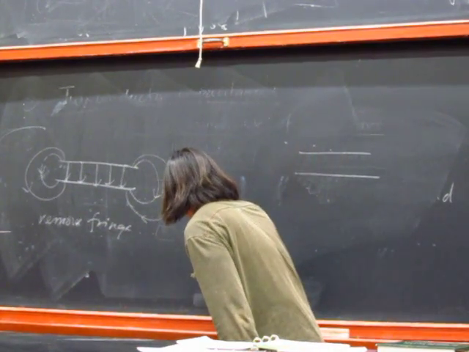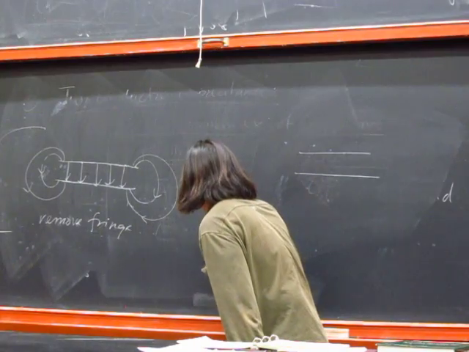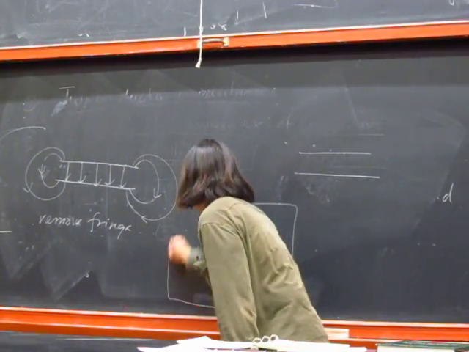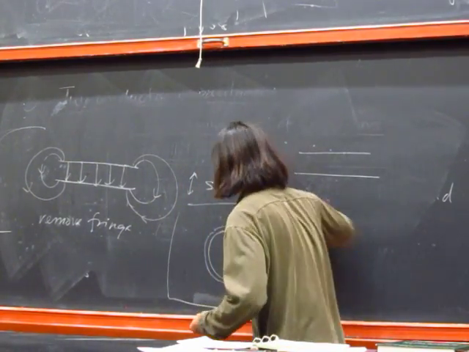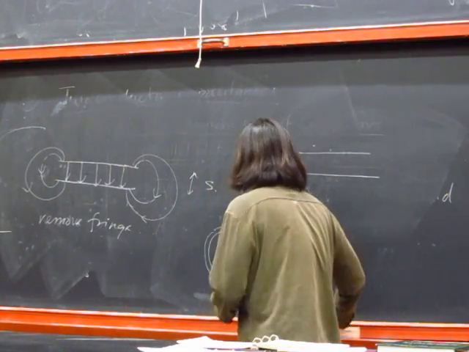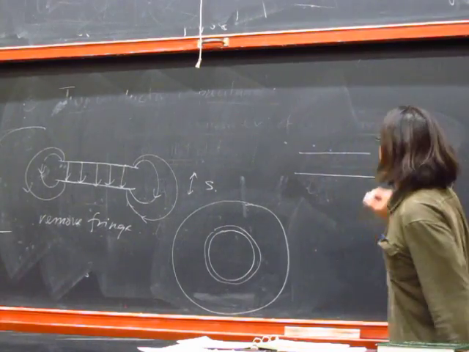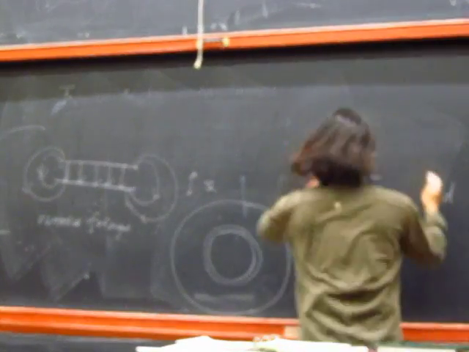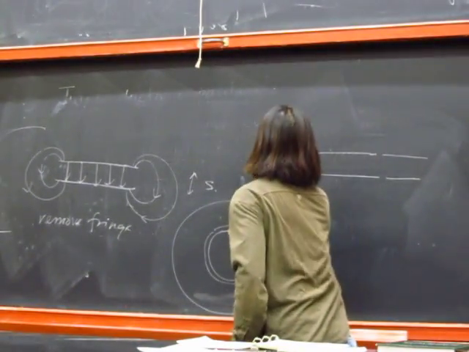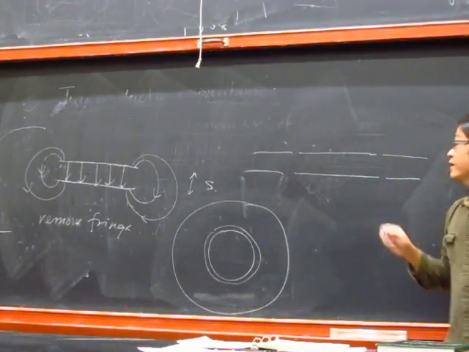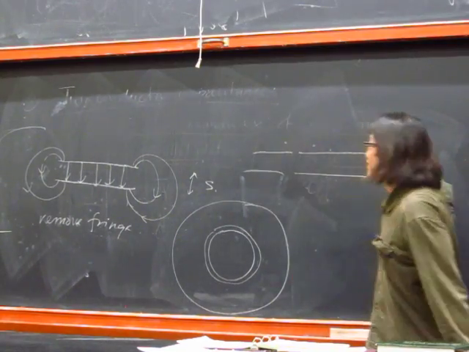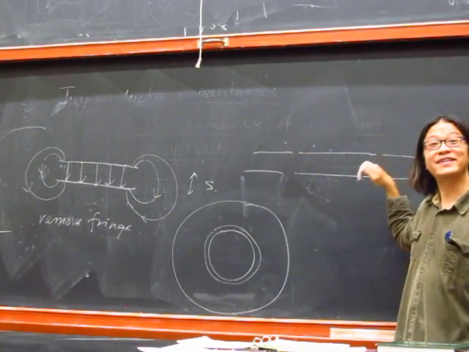I build another one, much bigger. In this case, I actually have to bracket this parallel capacitor with another capacitor on the outside. Then the whole thing looks like just one big capacitor.